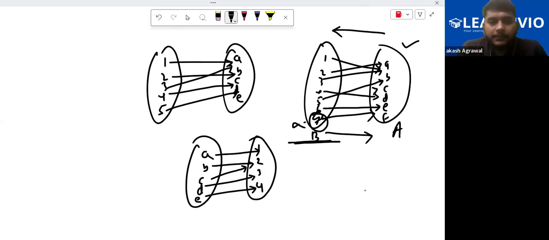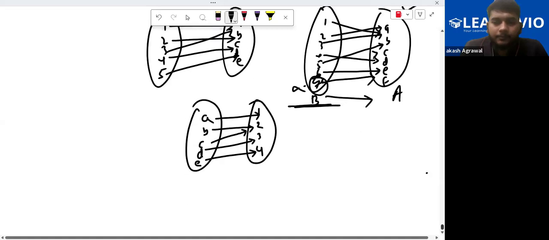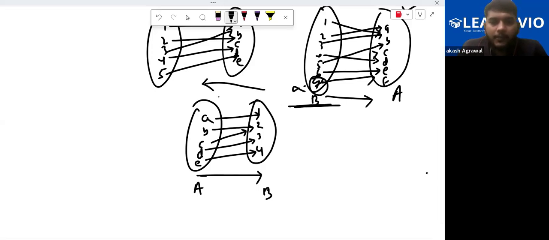Is this a function from A to B? Yes. Suppose I look from this way. This is the initial set. This is the codomain. Will it be a function? No.